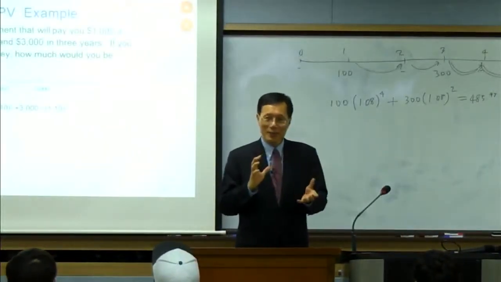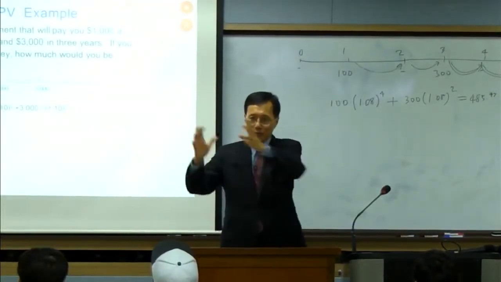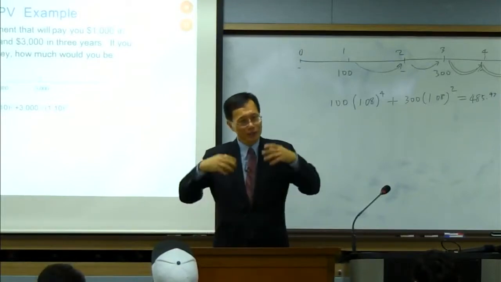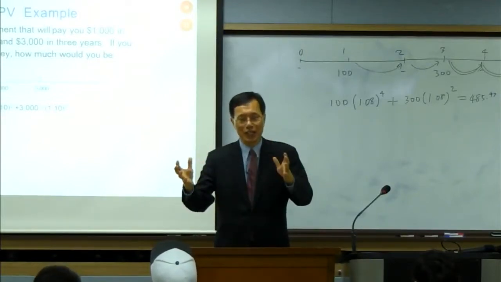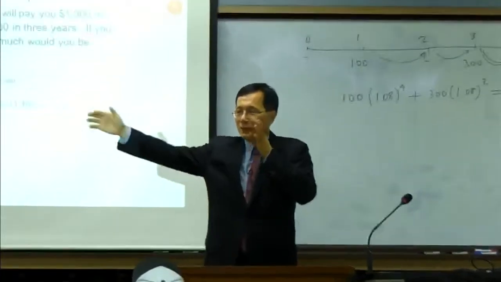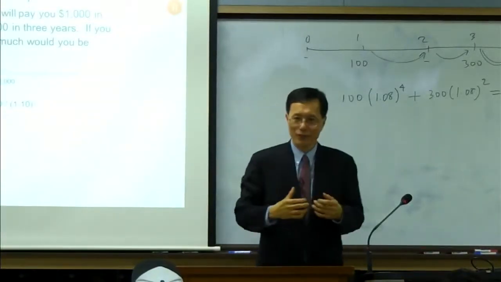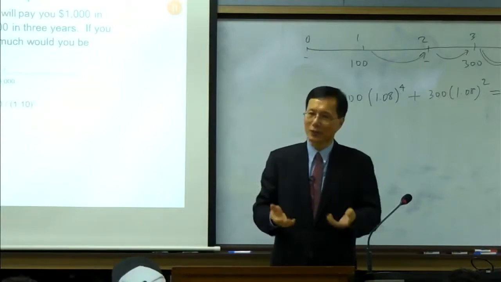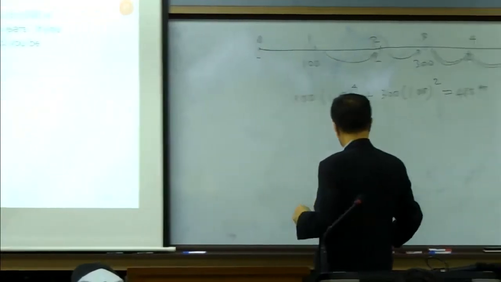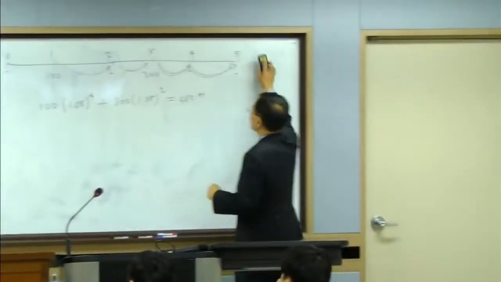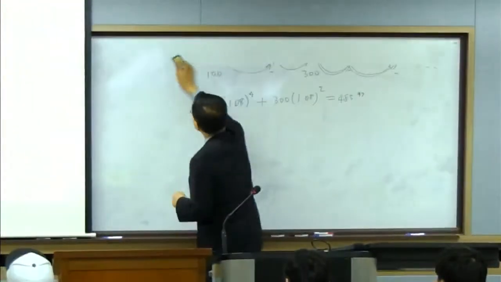This time, instead of computing future value, I would like you to think that you have a set of future cash flows and you would like to bring that back to present. You would like to find the present value of it. So let's draw a timeline once again.